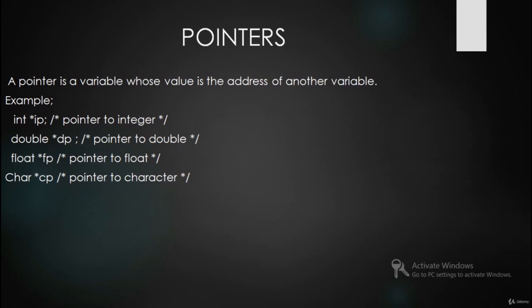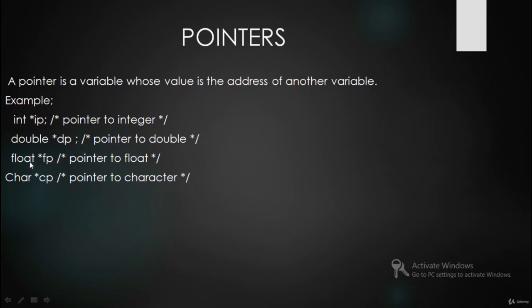A pointer is denoted by the star notation. So for instance, int star ip is a pointer to an integer, and double star dp is a pointer to a double.